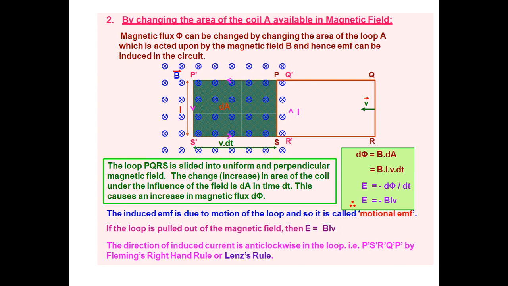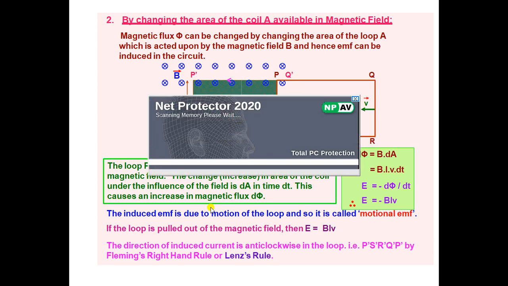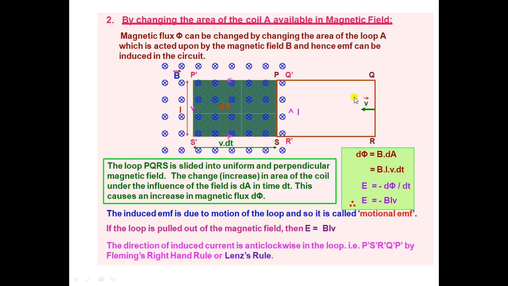So what is meant by this motional EMF? Motional EMF is the EMF induced in the conductor moving in the magnetic field.